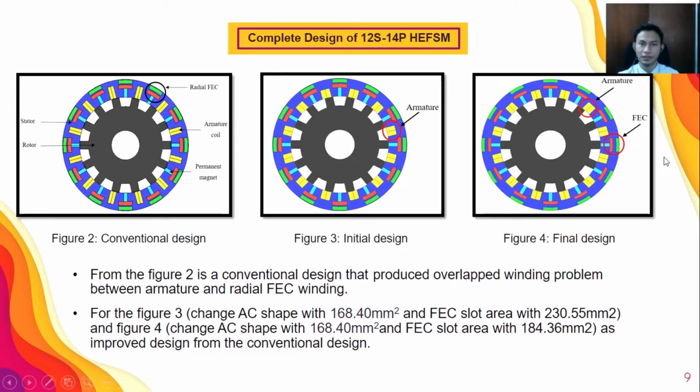So this is the complete design of the 12 slot 15 pole HFSM. Figure 2 is the conventional design. Figures 3 and 4 are the improved designs from the conventional design. In figure 2, the specification is as I mentioned in the objective, which is in table 1.